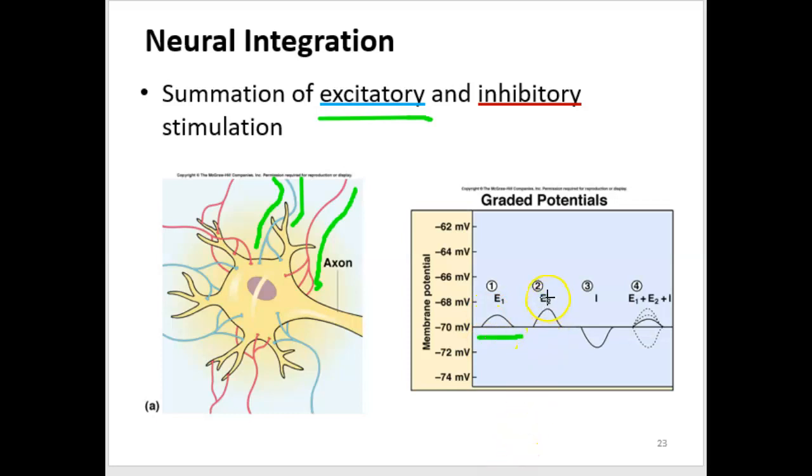The second one a little bit higher, up to 68. But those two are added together if they happen close enough in time. So you would actually get something like this. But then an inhibitory stimulus comes along very soon, and that makes the membrane potential go towards negative. If you sum all of these together, you get something kind of in the middle. This is what we mean by graded. It's different depending on how many different stimuli and how frequently they come together, what the effect is on the neuron.